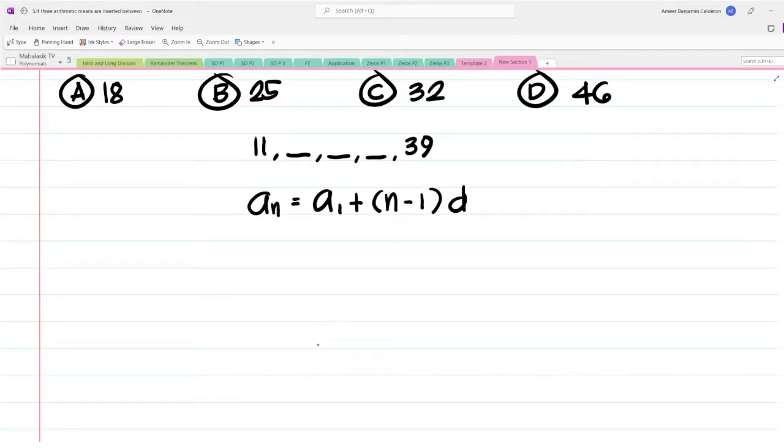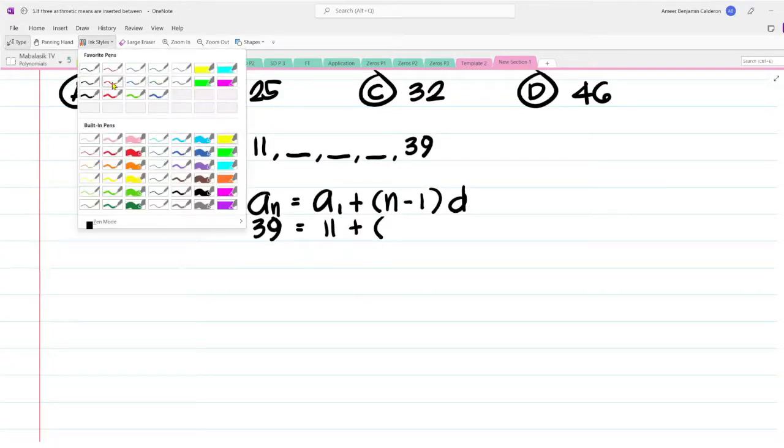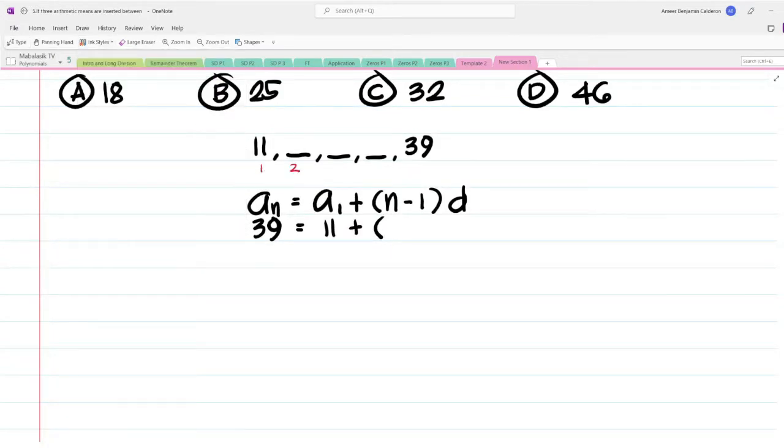A sub n, the assumed last term, that is gonna be 39, equals a sub 1 is 11 plus the quantity of n. Ilan silang lahat? 1, 2, 3, 4, 5. So 5. 5 minus 1 times d. Yun nga hindi natin alam.